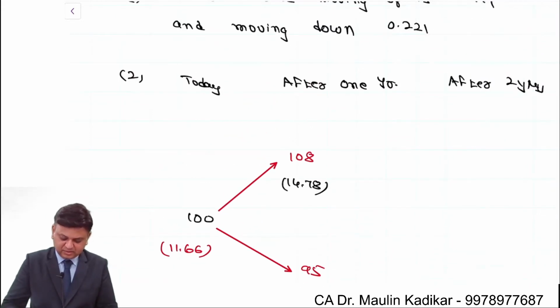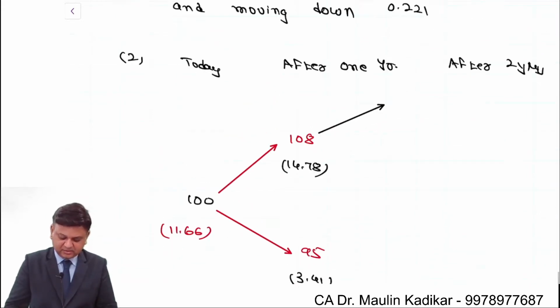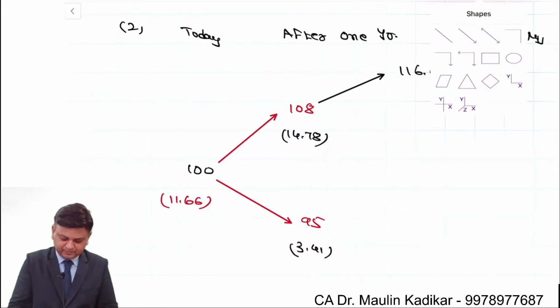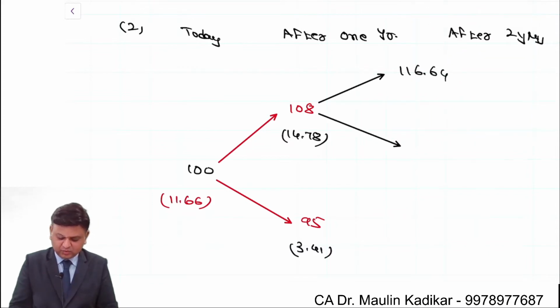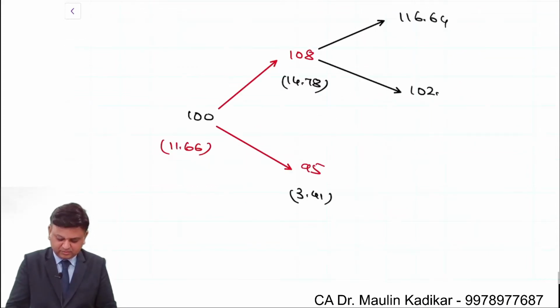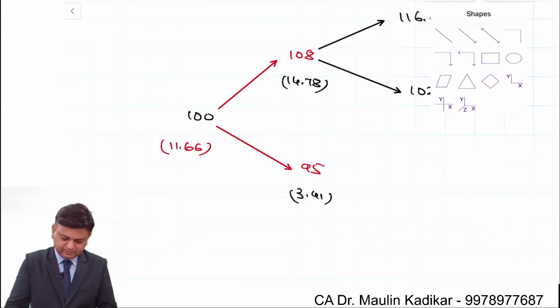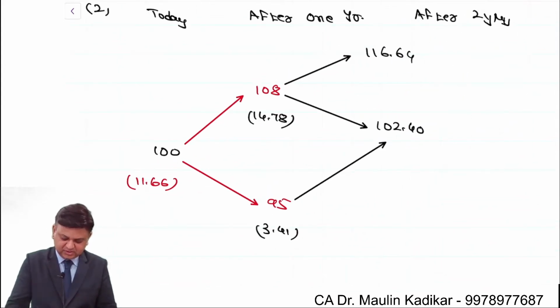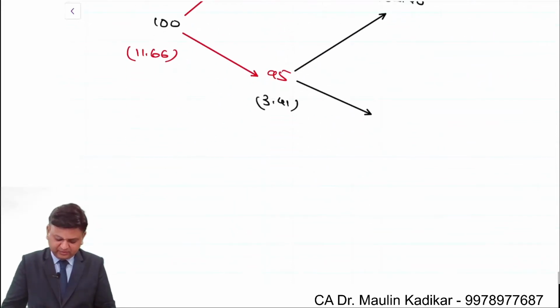At the end of the second year, it will be 116.64 or 102.6, or the price may decrease to 90.25.